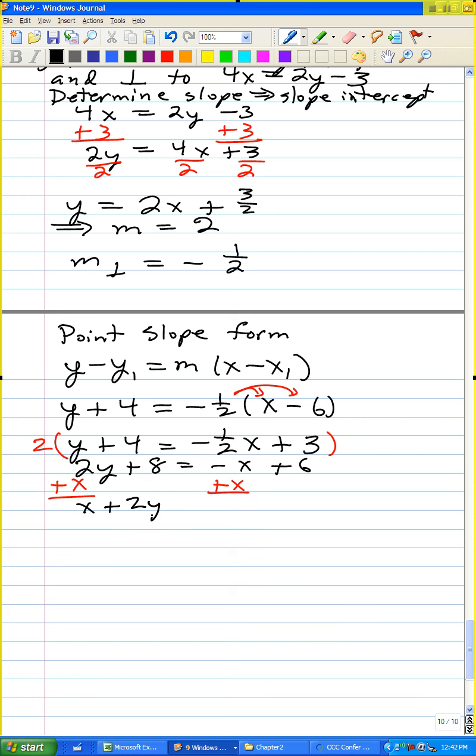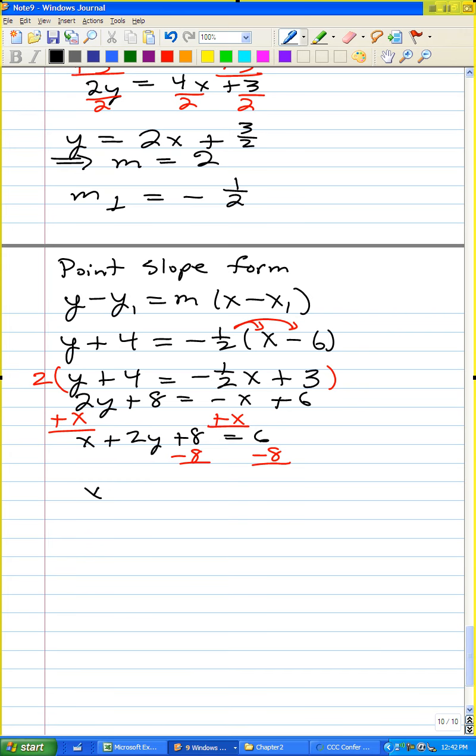Let me subtract 8 from both sides of my equation. And so I have here x plus 2y equals negative 2. And so now I've written this in standard form.